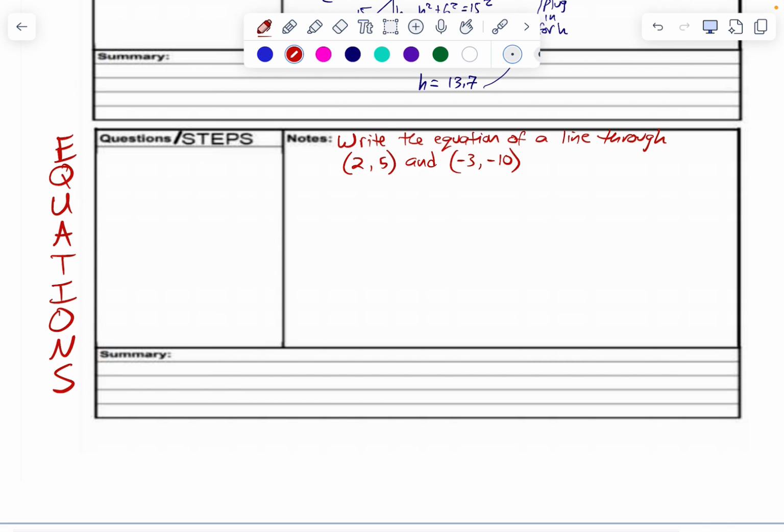Okay, so we have 2 points on the line. You could graph this if you wanted, like go plot it on the graph. You don't need to for this.